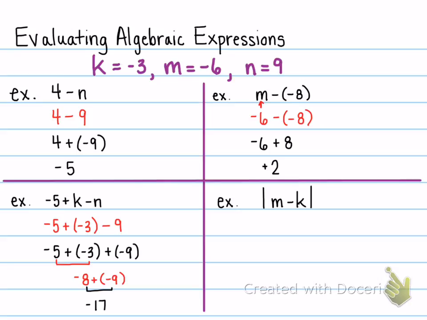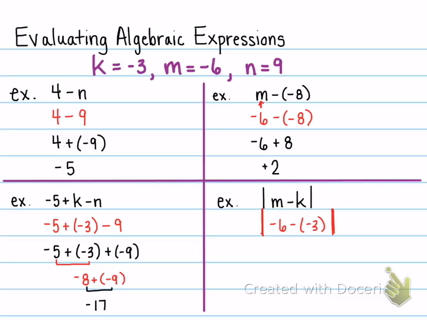All right, last example, bottom right. Remembering that these two long lines outside of a problem are absolute value symbols. You don't take the absolute value until you've solved everything inside the problem. So m is negative 6 minus k is negative 3. And these absolute value symbols stay outside of the problem because I solve the inside first.